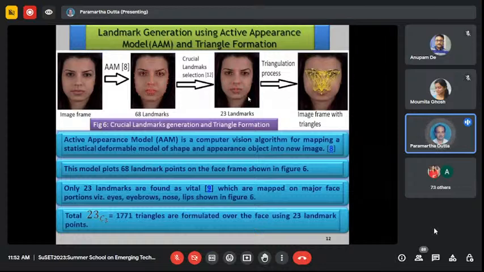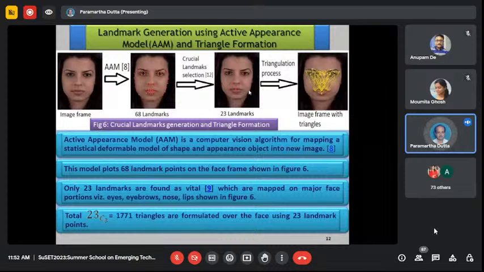So now we are here. Instead of 68, given a face, we have identified 23 landmark points for our purpose, on which all the geometric considerations will take place. Essentially, given an image of a face, there are the positions of 23 landmark points being considered, and accordingly different geometrical considerations crop up.